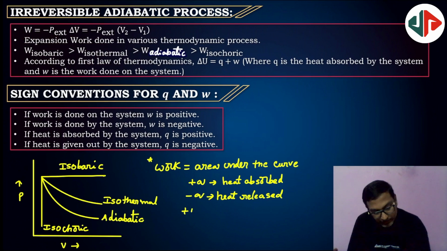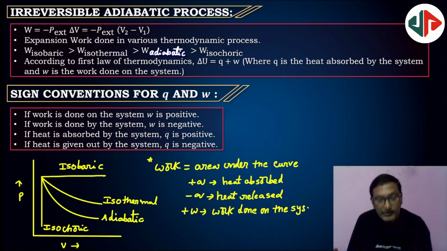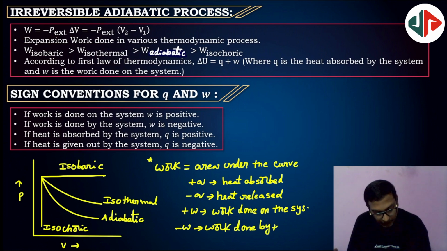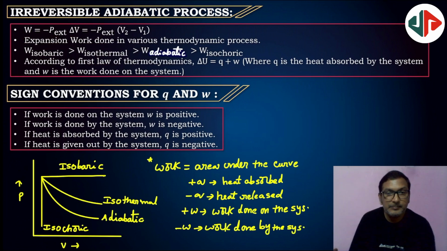Next, plus W work done on the system, minus W work done by the system. Remember the sign conventions. See here, it is given: work done on the system W positive, by the system W negative, heat absorbed by system Q positive, heat given out by system Q negative.